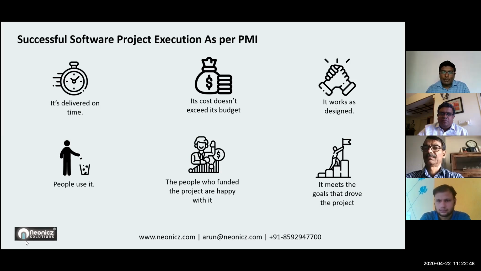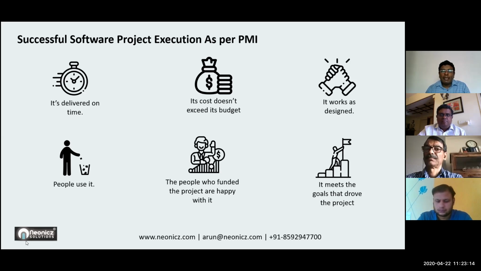And of course it should work as designed or as expected. This is the product I was dreaming of, and it should work in the same way that I was expecting. And definitely, the people should use it. If the people are not using it, it is again a waste of time and money which we invested in that software project.